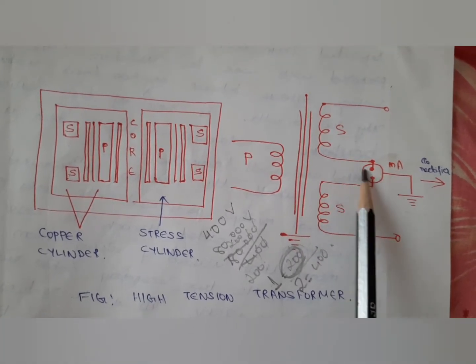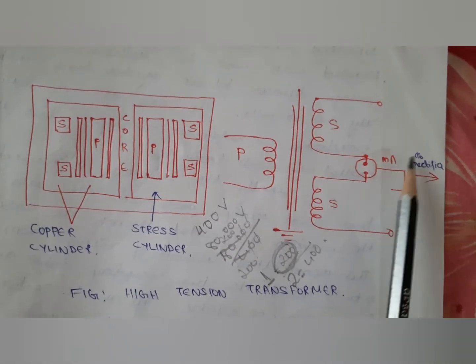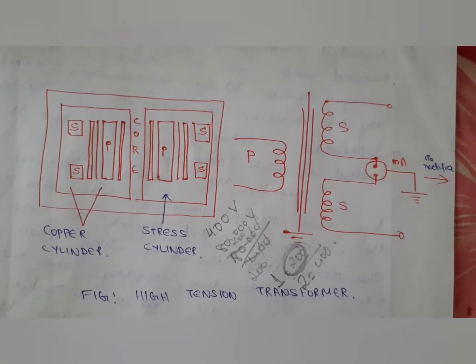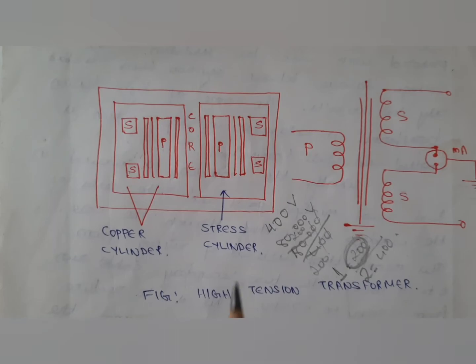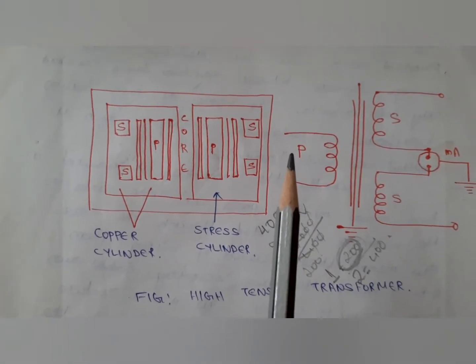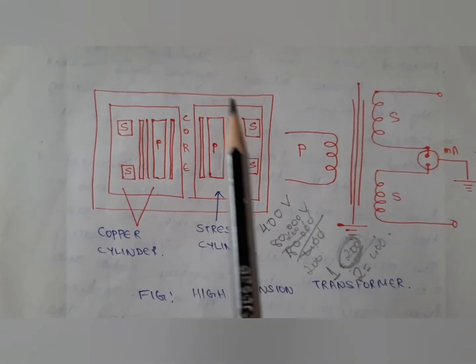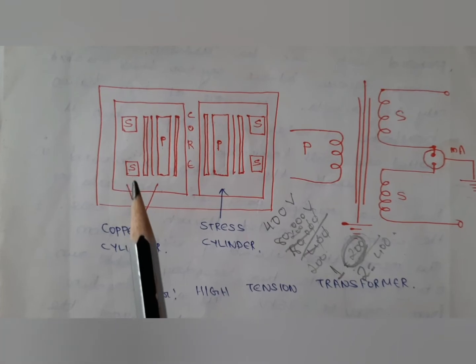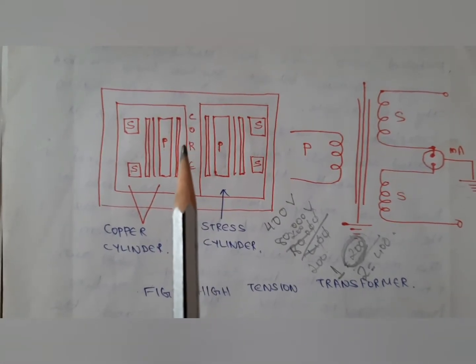These two secondary coils are connected to an ammeter, which is earthed. This entire arrangement is placed in insulating oil. So that means there is an insulating oil in the high tension transformer.